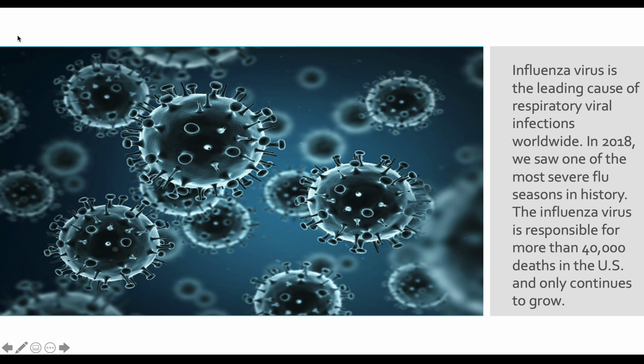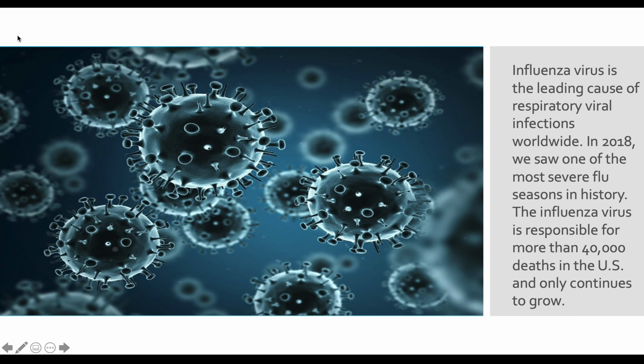Influenza virus is the leading cause of respiratory viral infections worldwide. Up until 2018, we kept seeing more and more severe flu seasons each year, each getting worse with more adaptation by the flu virus, changing its genome sequencing and allowing it to attach onto our cells through different proteins.